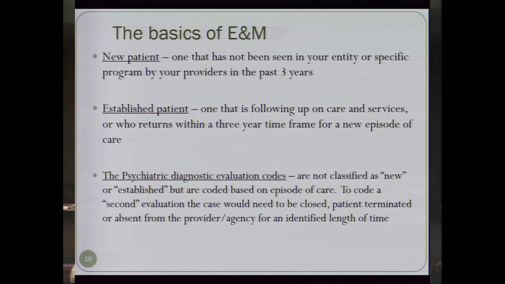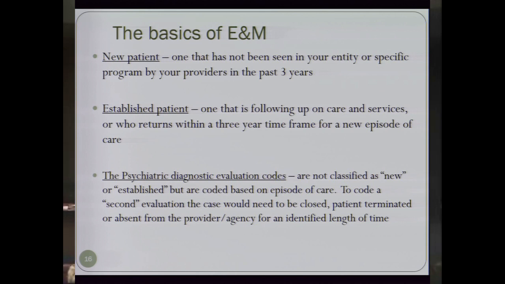These two codes have nothing to do with case closure or reevaluation. In the psychiatric coding section, the 90871 and 90872, which are the diagnostic assessment codes that you all are using now, those codes do not have a new or established criteria.